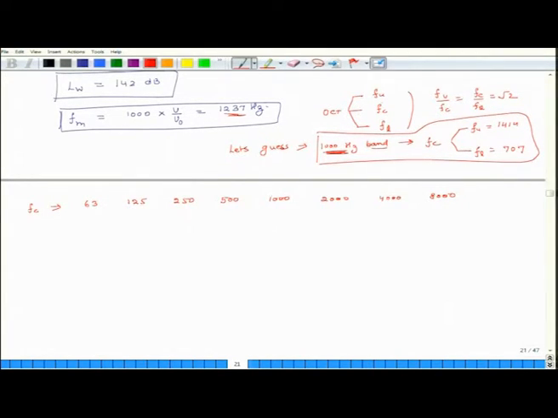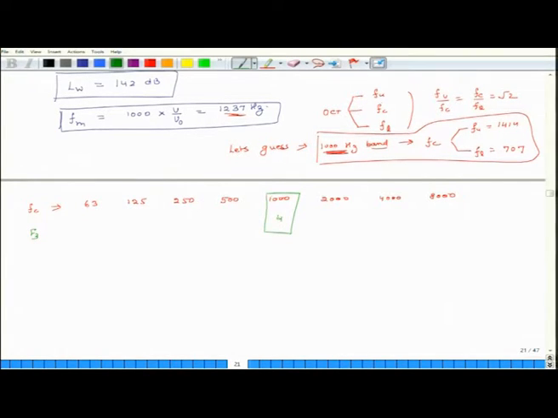And FM lies in this band. So, what is the value of F3 for this FM? 4.